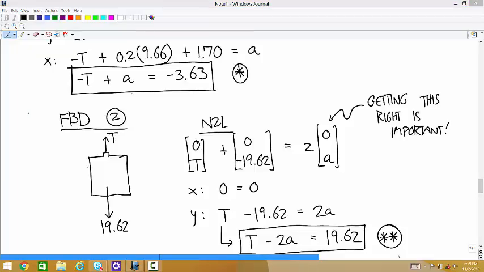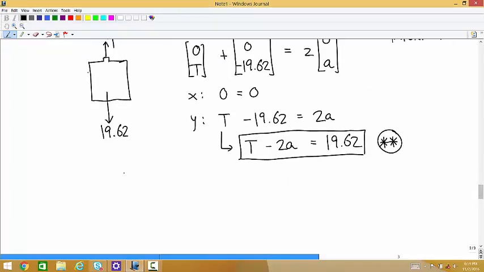I just set it up as two equations, and now we have a system of two equations for the same two variables. Now we can think about how to solve it. So now we'll just solve the system star and double star.